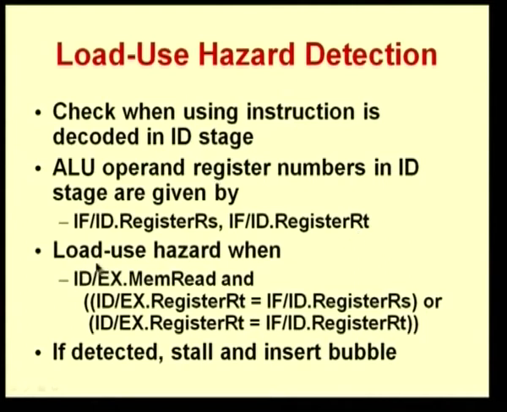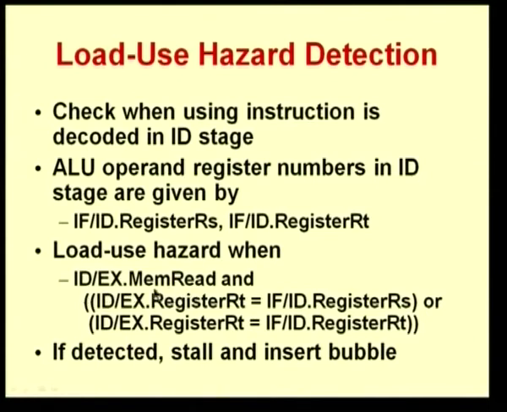So now a load use hazard will occur when ID/EX.MemRead is active, that you are going to be doing a memory read, and that instruction is now in the ID/EX stage. See, the instruction we are looking for, the one which is going to use, if it is there in the IF/ID stage, then the load instruction should be present in the ID/EX stage. So you check whether, for the instruction which is there in the ID/EX stage, the mem read signal is active.